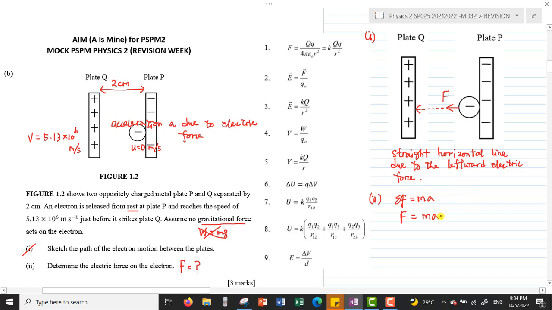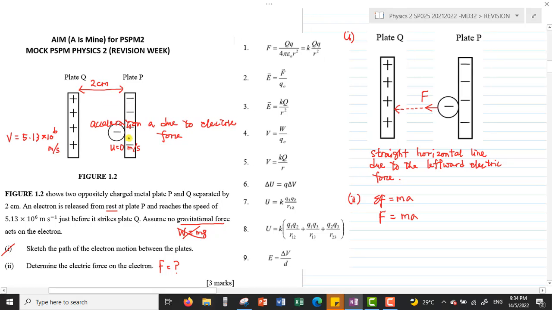So I can determine the acceleration of the electron from the change of the speed. The speed changes from 0 to 5.13 to the power of 6 meter per second when the electron travels a distance of 2 cm from plate P to plate Q. So our distance travel is 2 to the power of -2 meter.